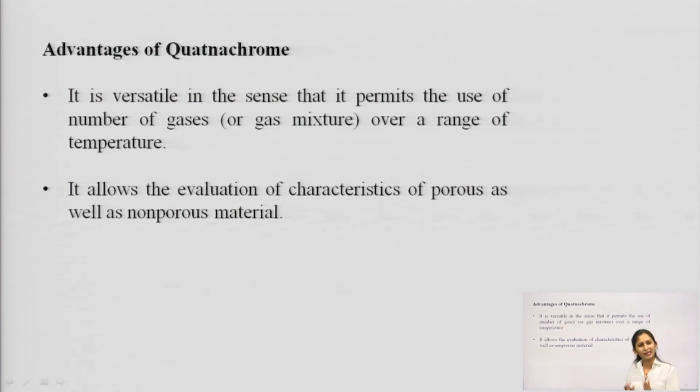You can use a single gas or a mixture of gases over a range of temperatures, because the cryogenic temperature for nitrogen is different from the cryogenic temperature of argon.